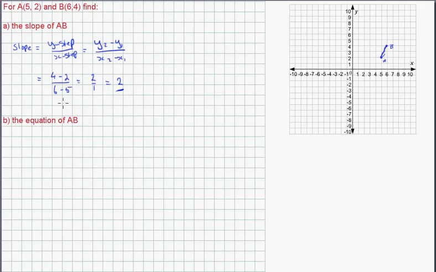So now we're asked, what is the equation of AB? If you remember the slope-intercept form of a line, any line has an equation, one way of writing a line equation is y equals mx plus c, where m is the slope and c is the y-intercept.